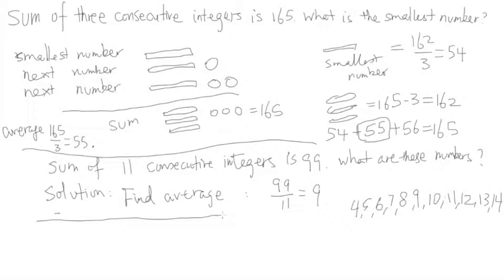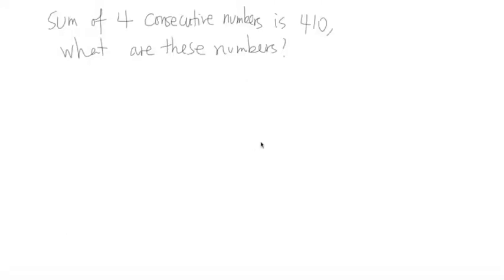Okay, let's do one more problem like this. In this example, we look at the sum of 4 consecutive numbers, and this is 410. What are these numbers?